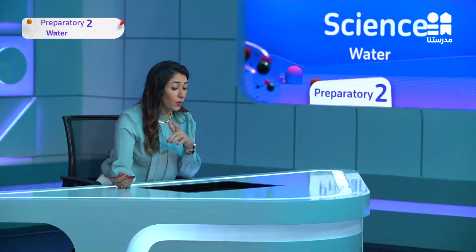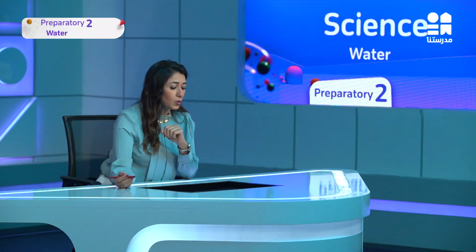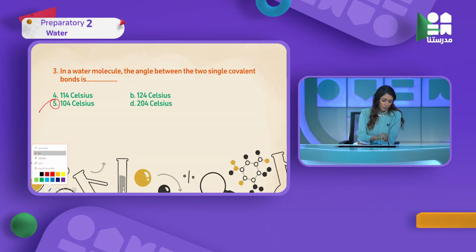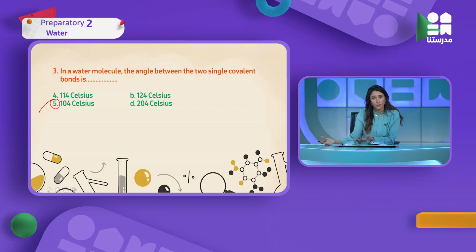Here it says 114 degrees, or 124, or 104, or 204. Of course, our answer will be 104. I know it is 104.5, but I don't have any other choices except 104, so it's approximating.